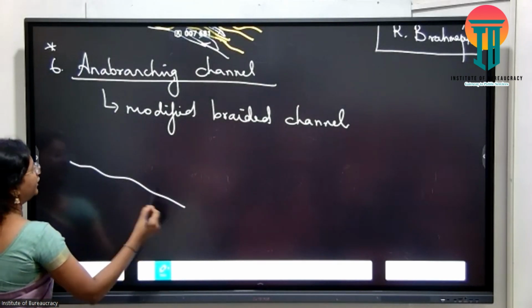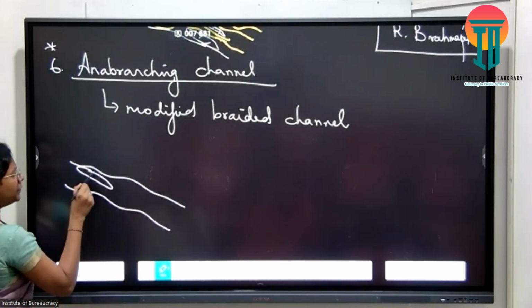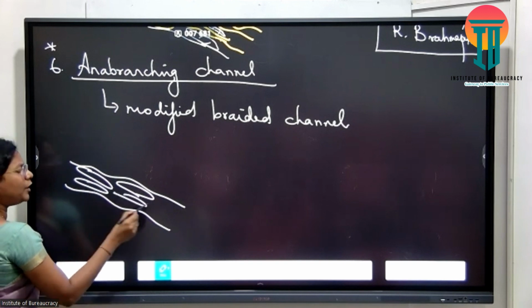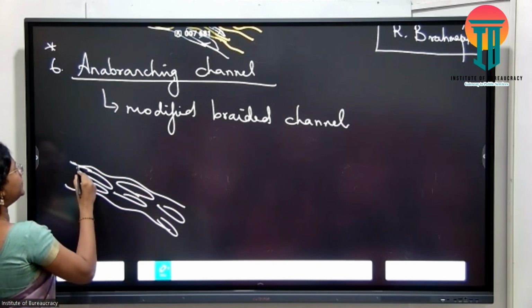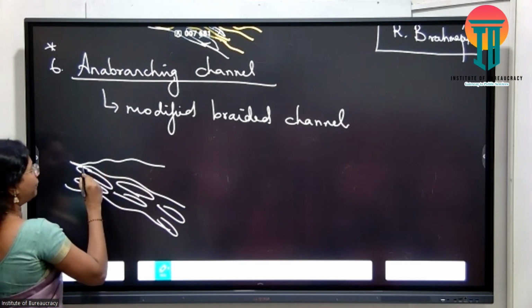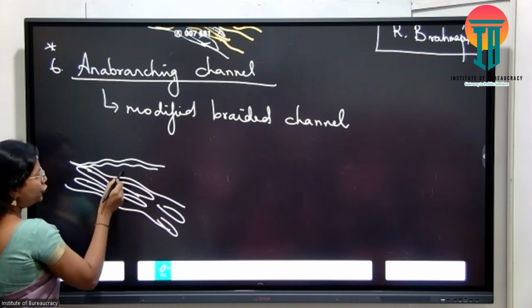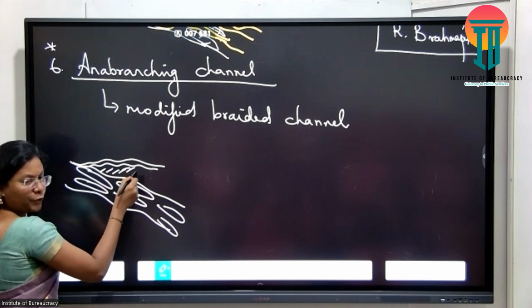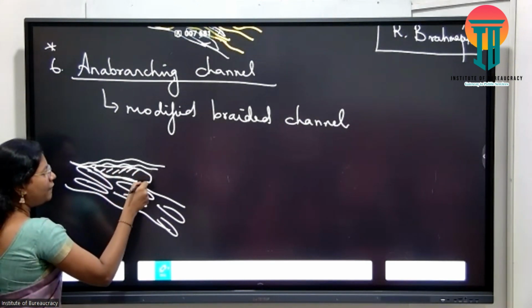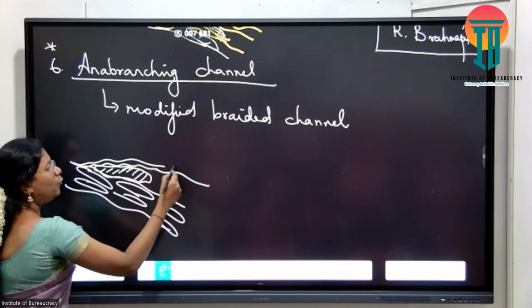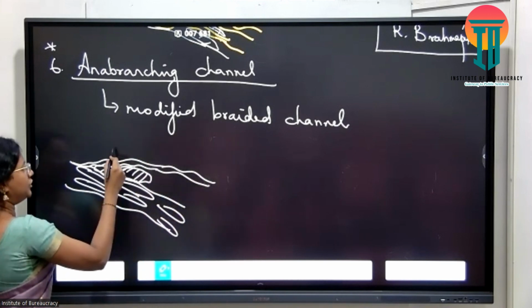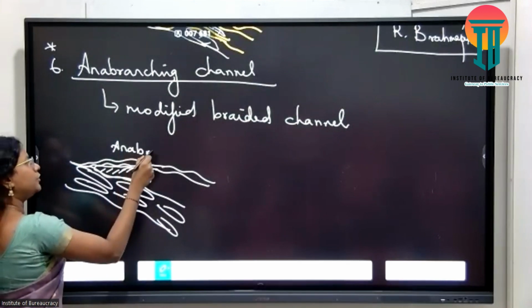If this is a braided channel, obviously braided channels are categorized by presence of sand dunes, either permanent or shifting tendency. Sometimes a river stream gets bifurcated from the main stream due to the presence of permanent sand dunes. இந்த இடத்துல ஒரு permanent sand dune வந்ததுனால ஒரு separate river stream மாதிரி அது மூவ் ஆச்சுனா, this is known as unbranching.